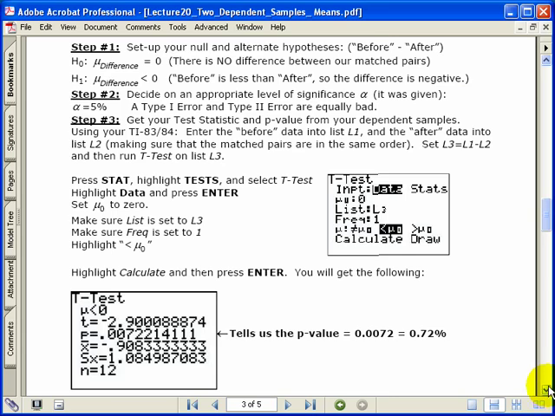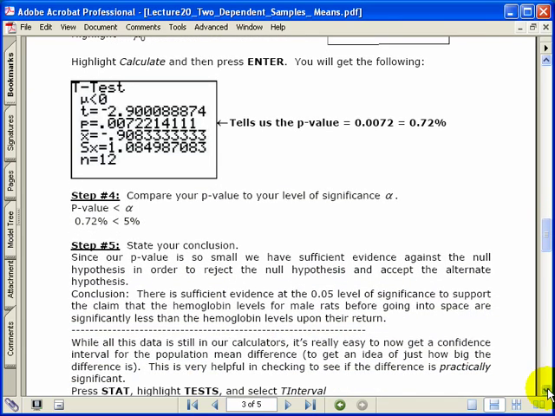Let's go back on down to our little document here. So there's our p-value. You can see the p-value is definitely less than our significance level. 0.72% is much less than 5%. So our p-value is definitely small enough, giving us sufficient evidence against the null hypothesis so we can reject it.